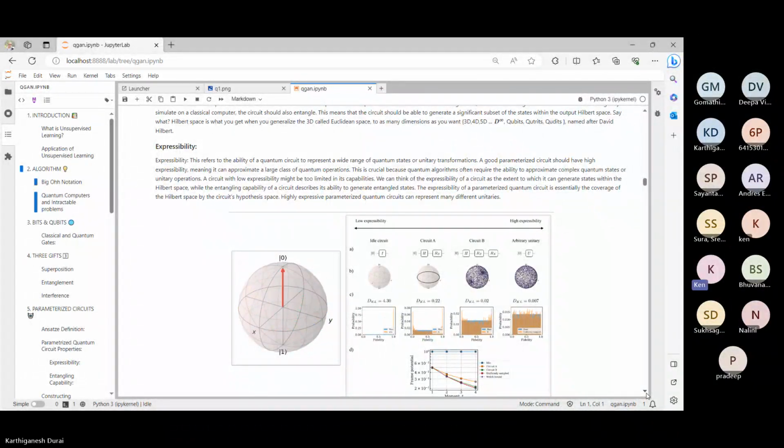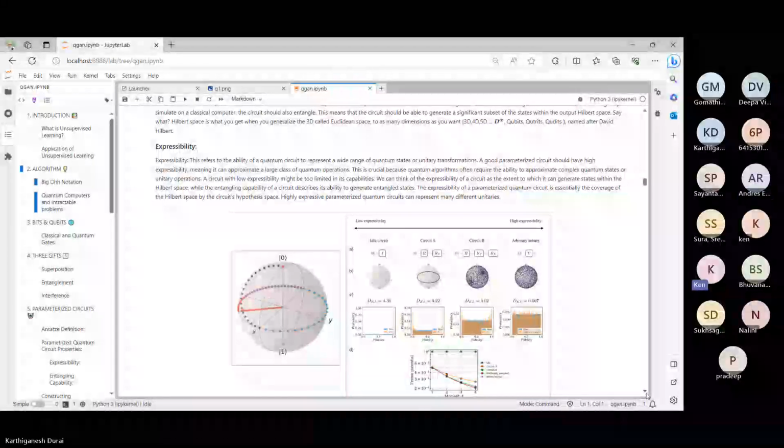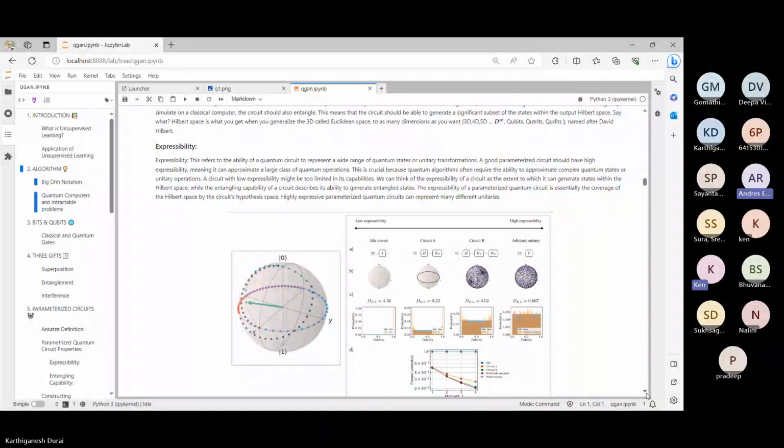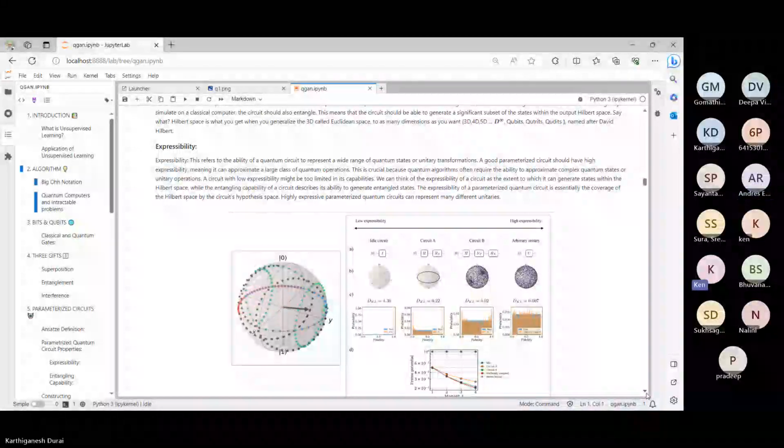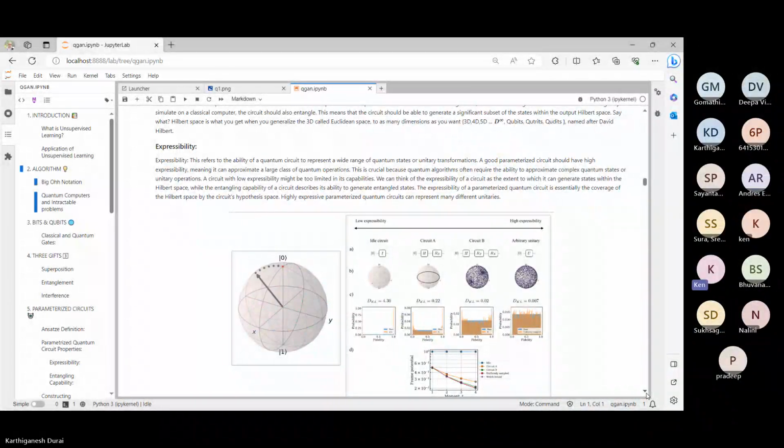And finally, we have the arbitrary unitary, which means that we have access to the entire space. Every dot on there is a quantum state. This is what we want for our parameterized quantum circuit: we need that expressibility. We need that rich environment to work with.